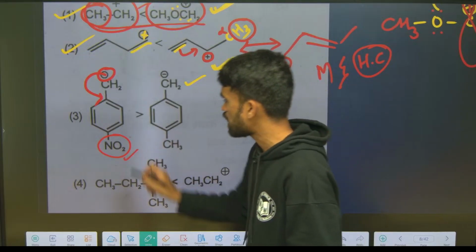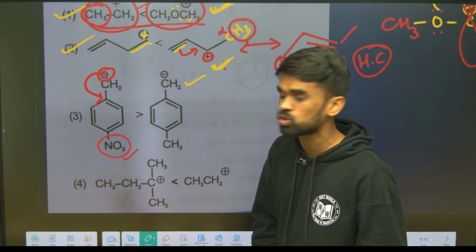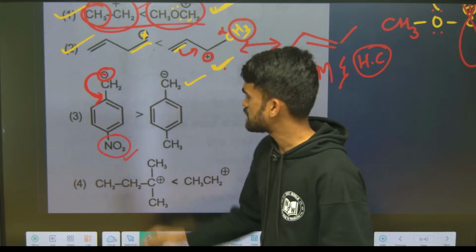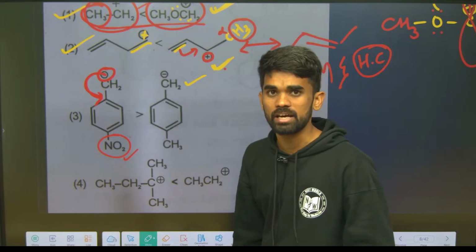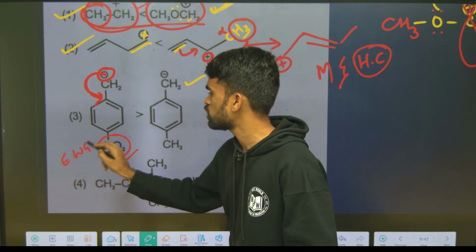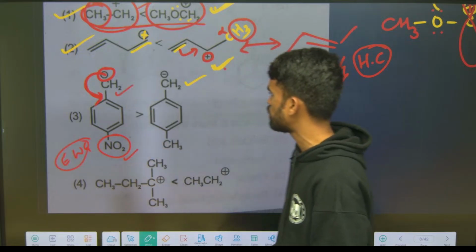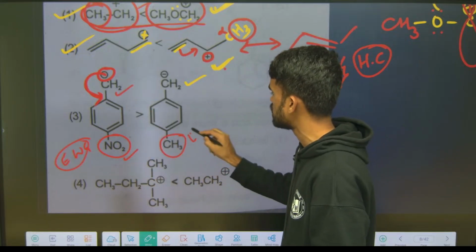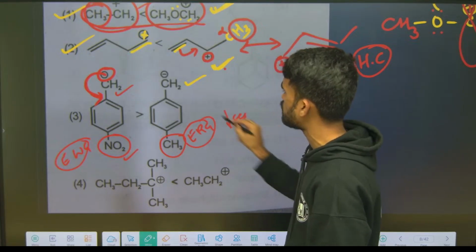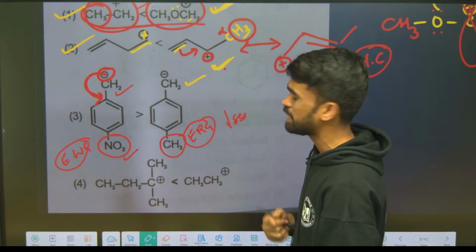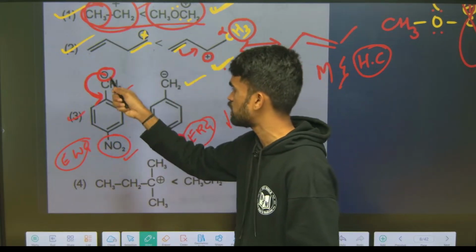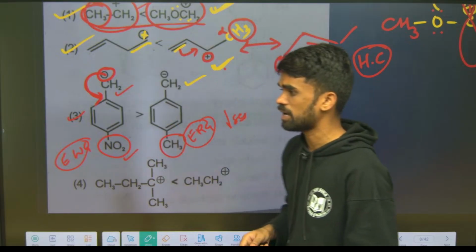See here, at the para position we have an electron withdrawing nitro group, so that will drag this negative charge effectively and stabilize this benzyl carbanion. Since an electron withdrawing group is there, it will stabilize this carbanion more effectively than this electron releasing group. So electron releasing groups decrease the stability of carbanions and increase the stability of carbocations. So the third option is also correct because it is a negative charge stabilized by an electron withdrawing group.